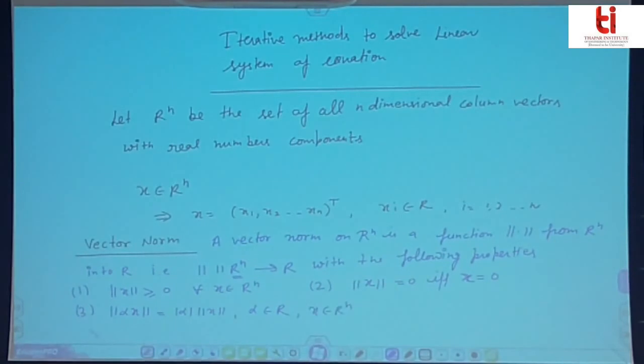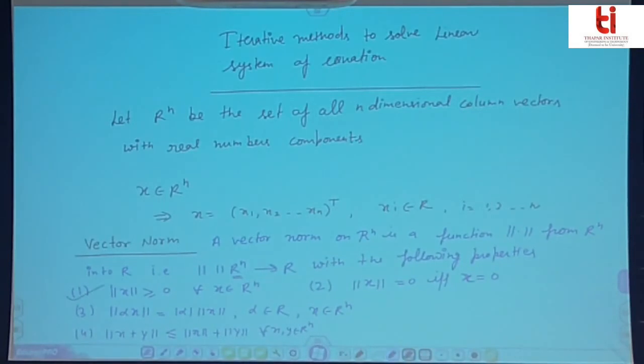And the fourth property is norm of x plus y is less than or equal to norm of x plus norm of y for all x and y belonging to Rn. So there are four properties for a vector norm.